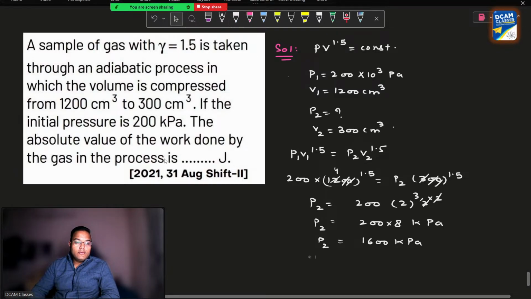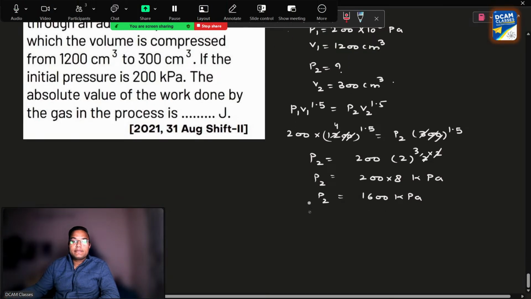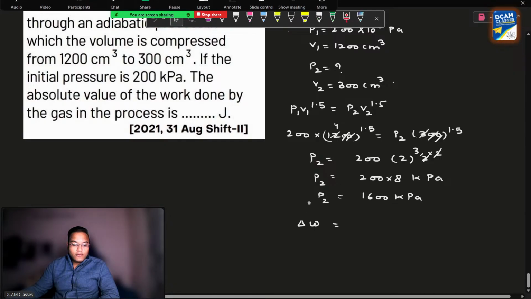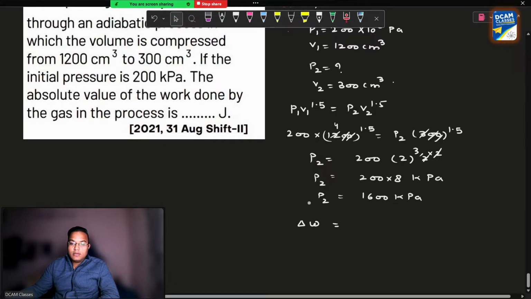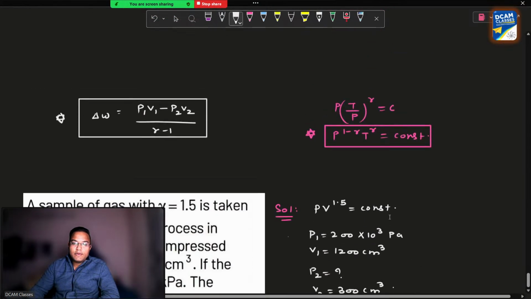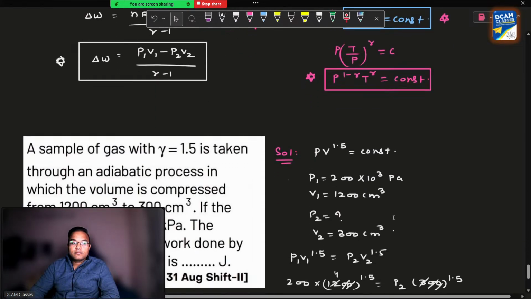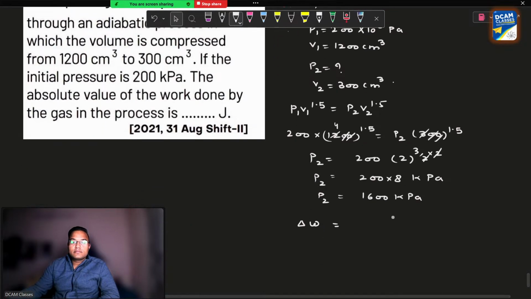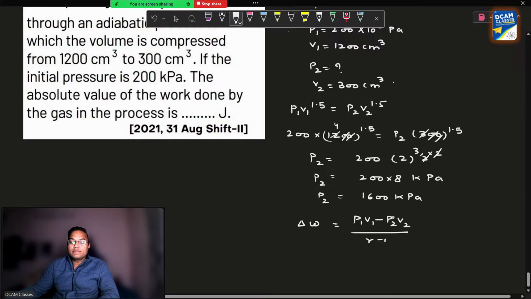Now they are asking for the absolute value of the work done by the gas. Work done, we know it is P1 V1 minus P2 V2 by gamma minus 1.